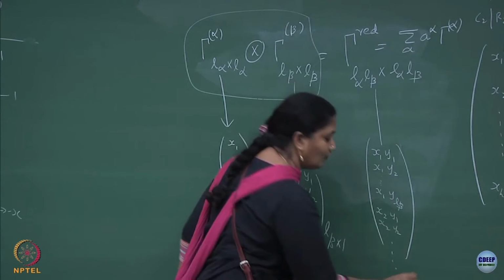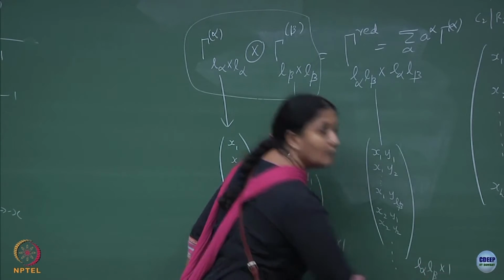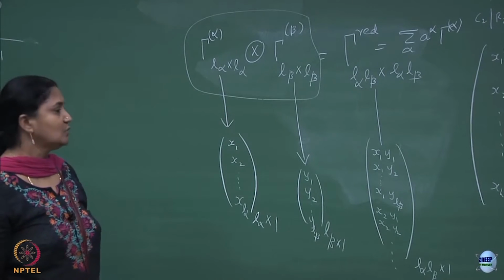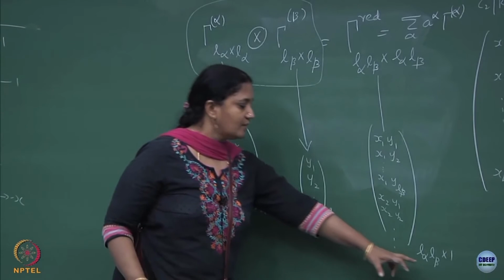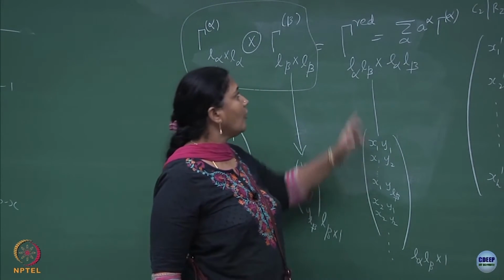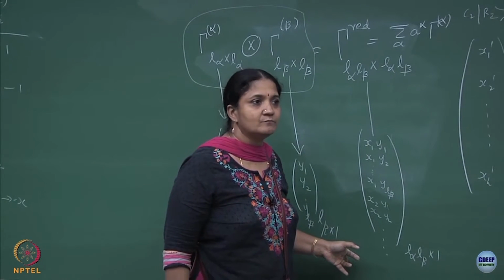Okay. So, this is the vector space of dimension L alpha L beta on which these reducible matrices will act.